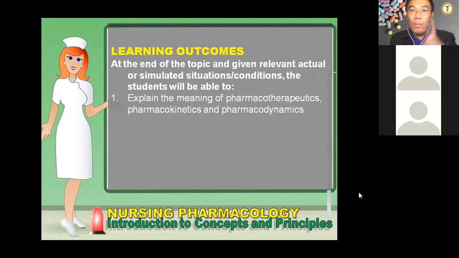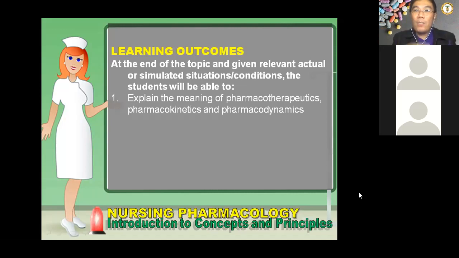But before it will be distributed, i-detoxify pa yung drug ng liver. And after detoxification by the liver, that's the time that it will be distributed to plasma. So can you now understand the chronology of events? From oral, it goes to the stomach, broken down by the stomach.